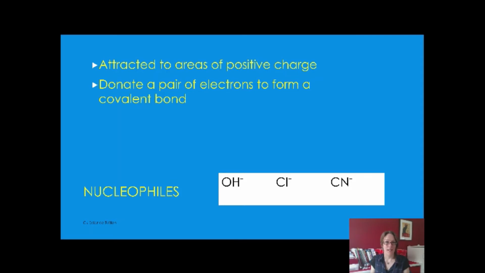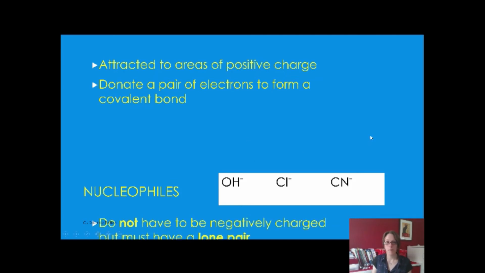When they get to that area of positive charge, which is actually going to be a positively polarized carbon, then they'll donate a pair of electrons to form a covalent bond. So they can have a negative charge. Those examples down there, hydroxide, chloride, cyanide, which you may not have come across yet, but you will.